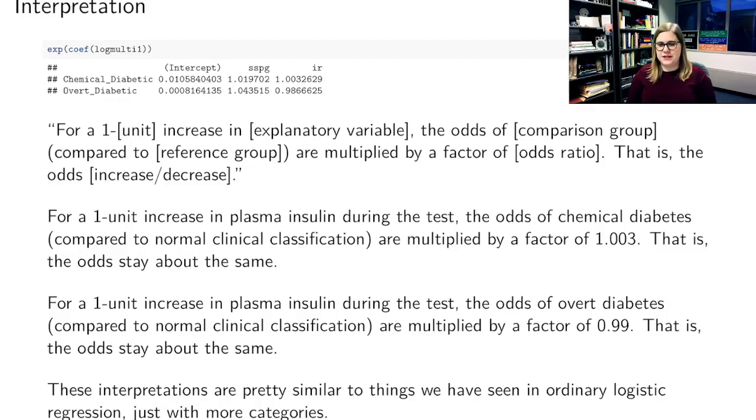And the same idea for overt diabetes compared to normal clinical classification: the 1 unit increase in plasma insulin makes the odds multiplied by a factor of 0.99. And again, the odds stay about the same. So the interpretations are pretty similar to normal old logistic regression, but we just have more categories in our response.